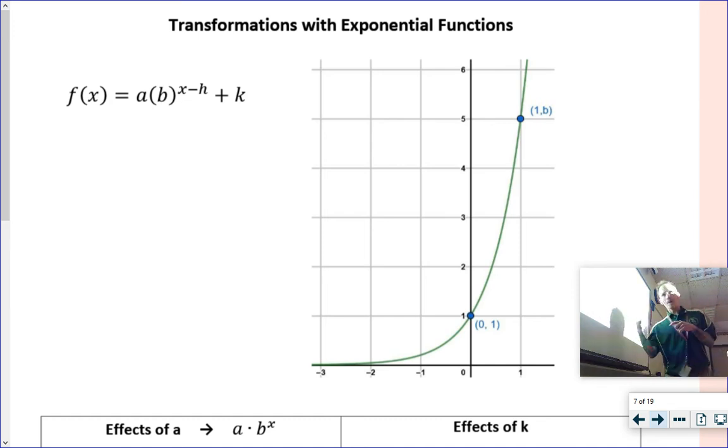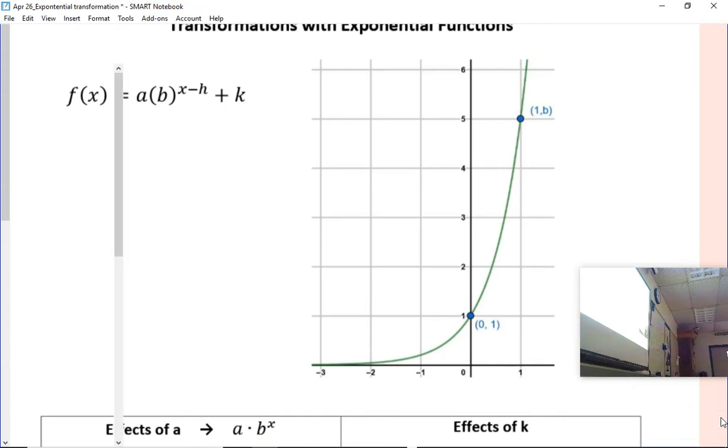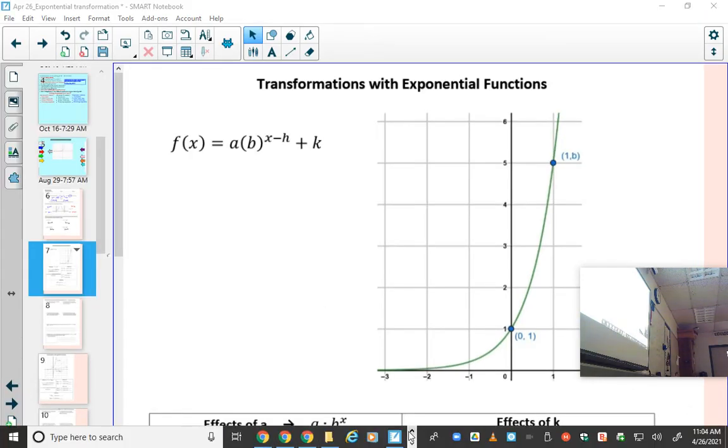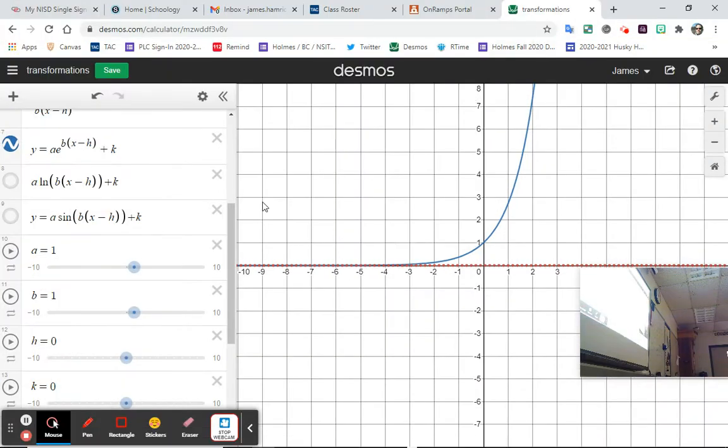Okay, now I'm going to switch my screens real quick to go over to Desmos, just to give you a quick demonstration of what these things are going to look like. So notice here's my exponential function. Okay, and notice that everything is just kind of one right now. So if I change my A, that initial value, watch the y-intercept as this changes to 2.